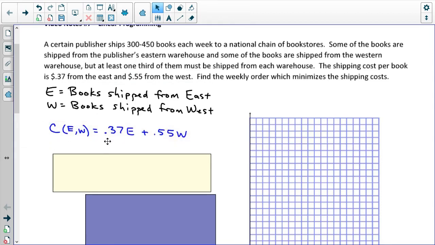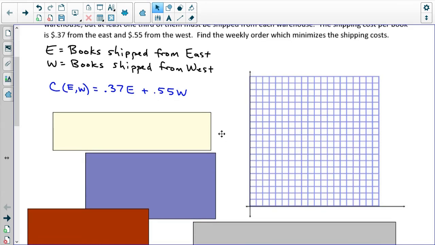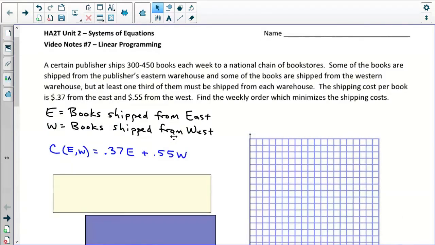So the cost function, which is 0.37 E plus 0.55 W. Again, I could use X and Y or whatever. I just decided to use different variables this time just to give us a little bit more practice with that.